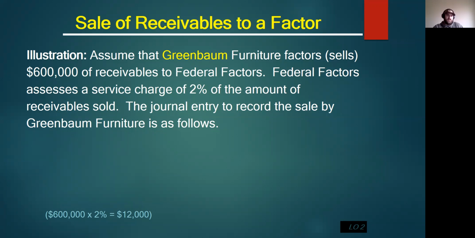Is it Greenbaum? Greenbaum is the company, yeah, good. And the factor is Federal Factors, okay? Who is booking the journal entry? Is it Greenbaum? It is Greenbaum, correct. Okay, so see if you guys can come up with a journal entry here.